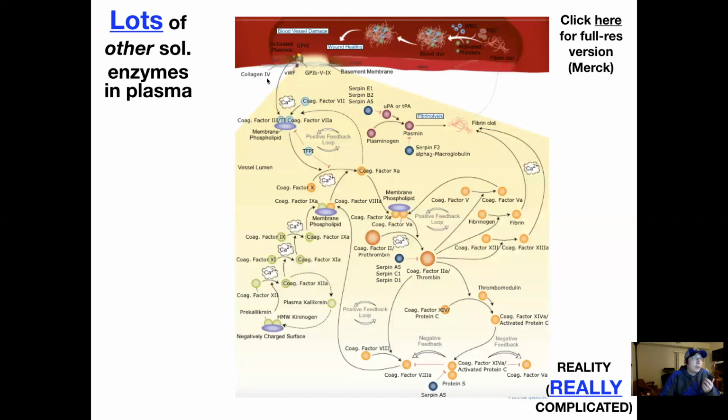But if you do want to go there, you can click here in the PowerPoint. Merck is a biotech company, and they seem to have a lot of really nice pictures when it comes to this pathway. But as you can see here, there's all sorts of other things going on. I'm not going to go into detail other than this is just kind of the wow factor, I guess.